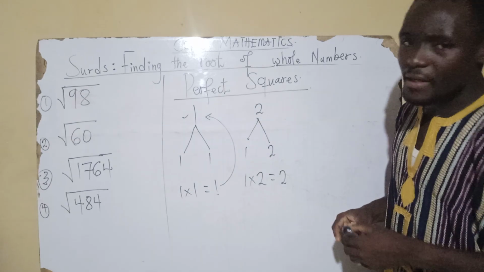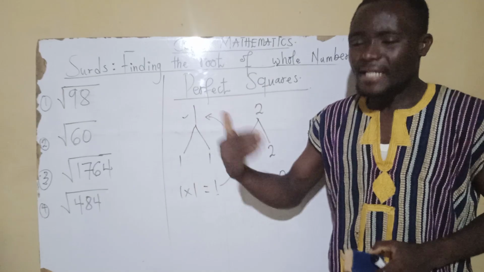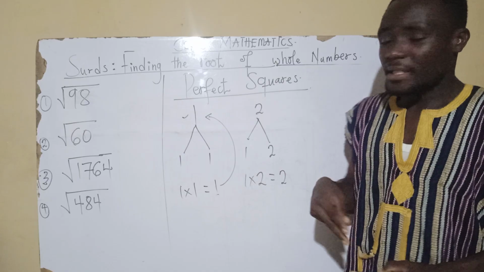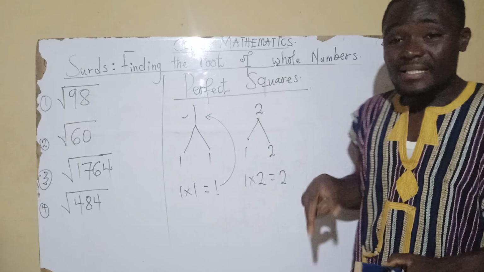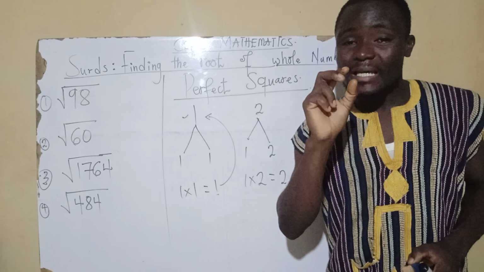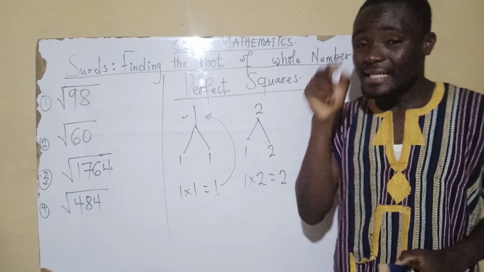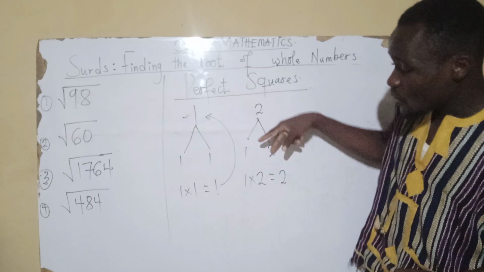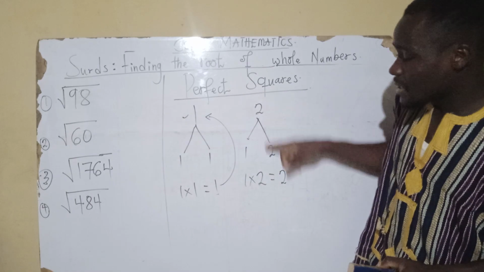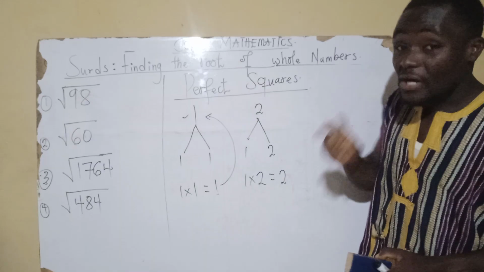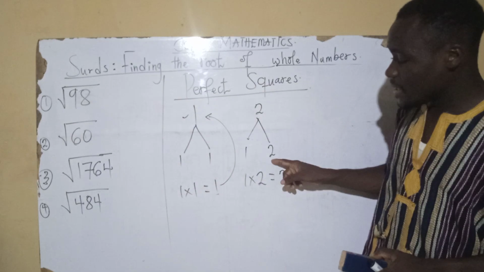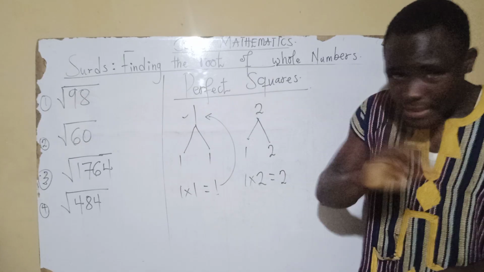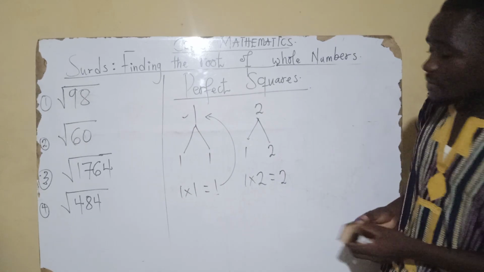Now ask yourself, we said that before we can classify a number as a perfect square, it means that the number produces two elements that when we multiply we will get this number back. Now let's check the elements here, whether they are of the same identity. The element 1 and element 2 are not of the same identity, so therefore 2 is not a perfect square. Are you with me? Very good.